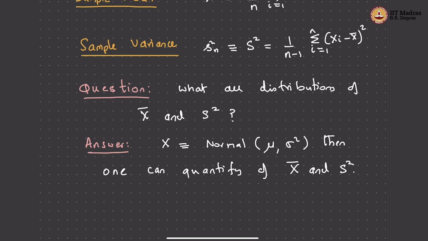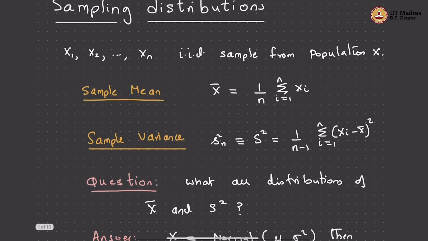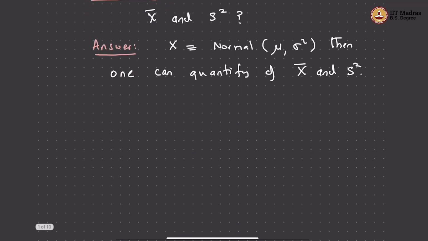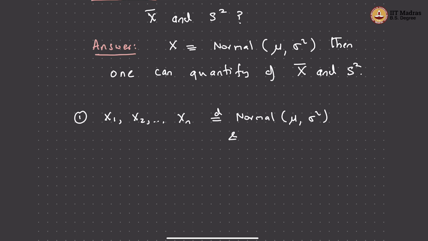So let me come back here. Now I'll assume each of the xi's is normal with mean mu and variance sigma squared. I'll try to find out the distribution of X bar. So that should be easy, right? Suppose each xi, x1, x2, all the way till xn, are all distributed as normal with mean mu and variance sigma squared, and they're independent.